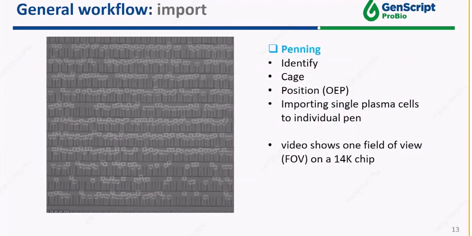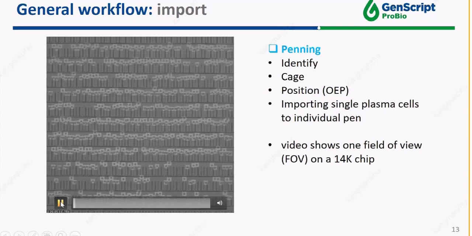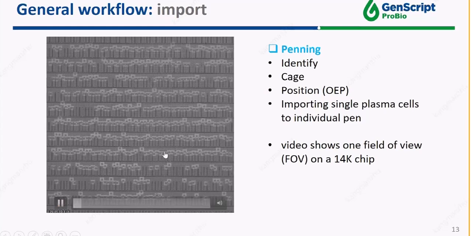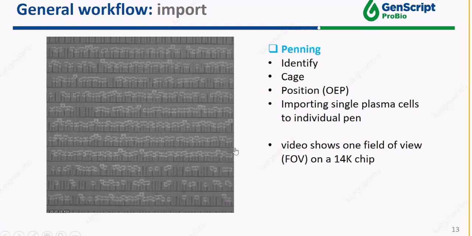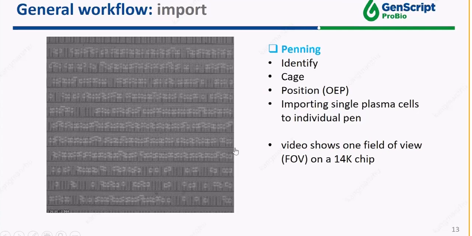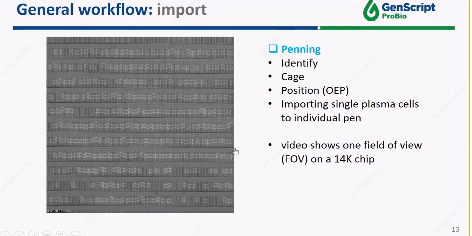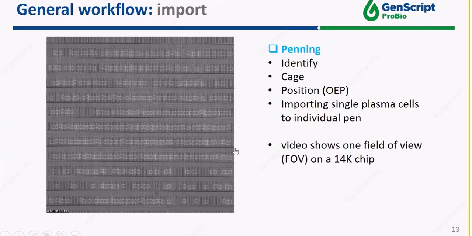The importing step, or what we call penning, involves light-activated identification of each single cell and caging them. I'm going to play the video for you, where you can see that all those little cages are capturing each individual cell, and bringing the cages down to what we call the pen. This is why the whole process is called penning as well.